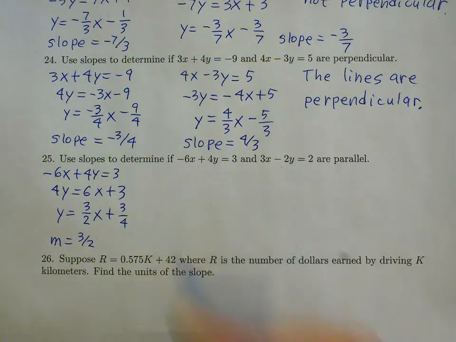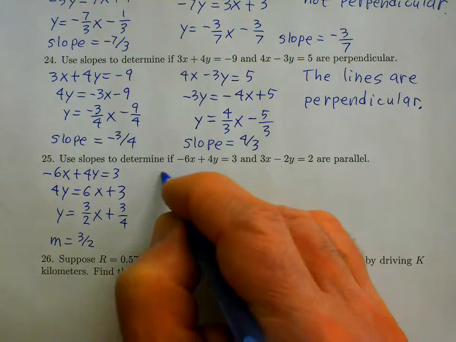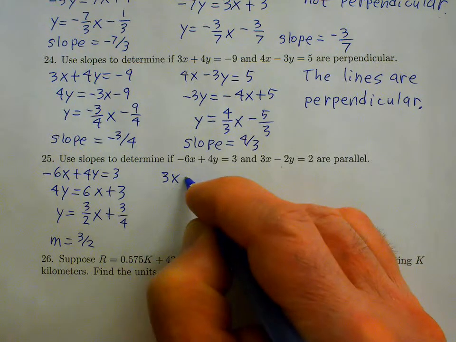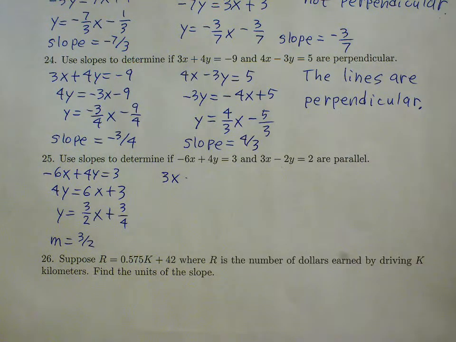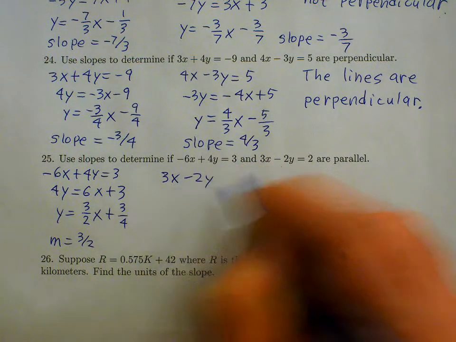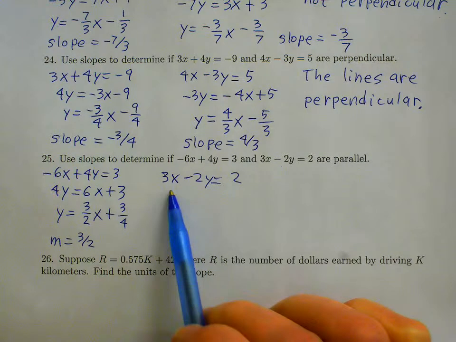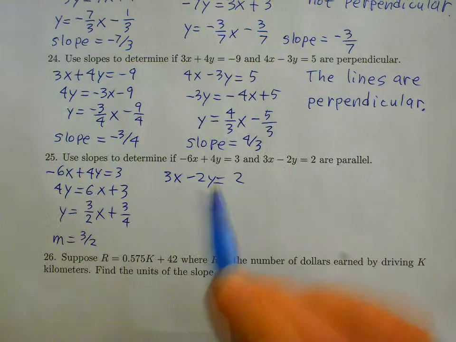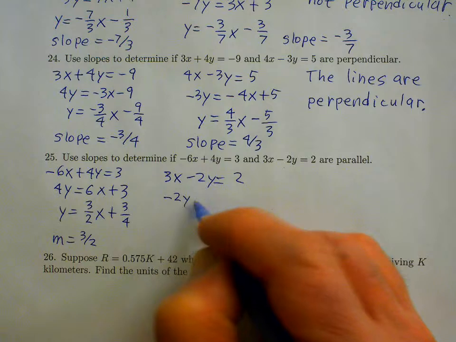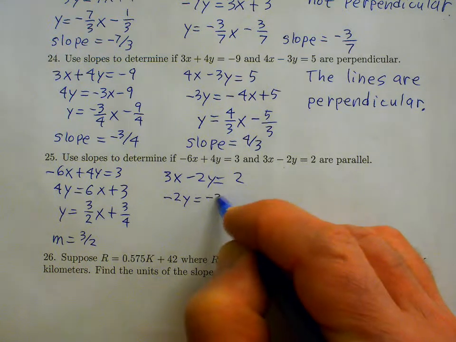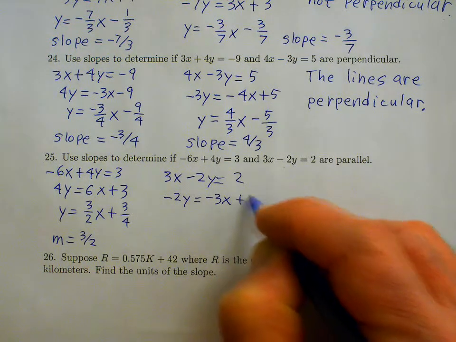The other line, 3x minus 2y equals 2. So subtract 3x from both sides. We get negative 2y equals negative 3x plus 2.